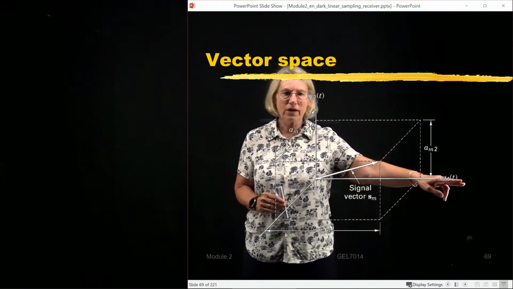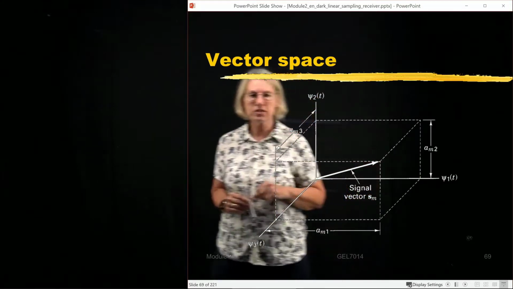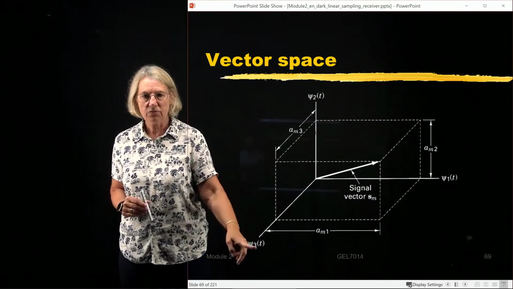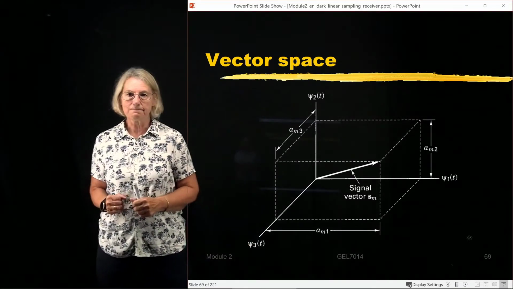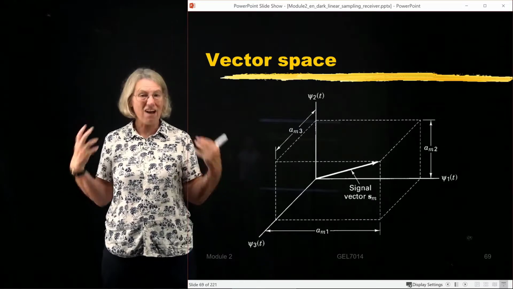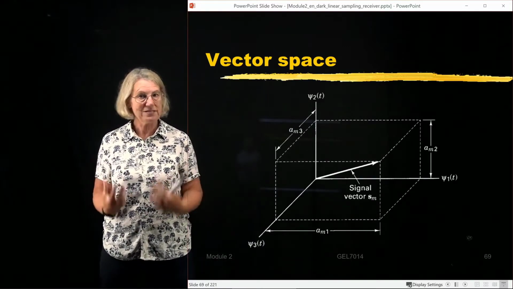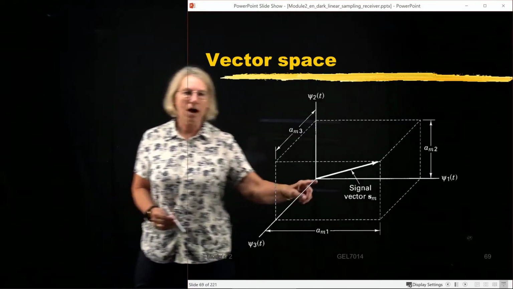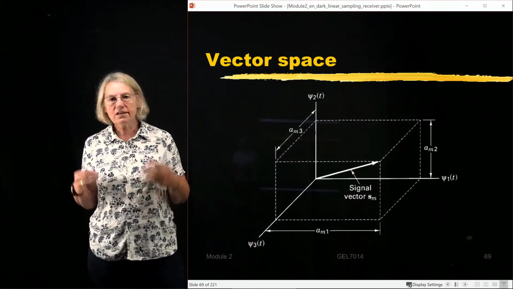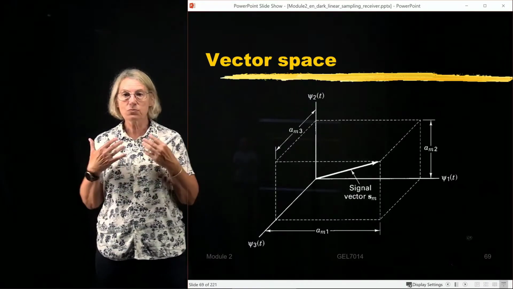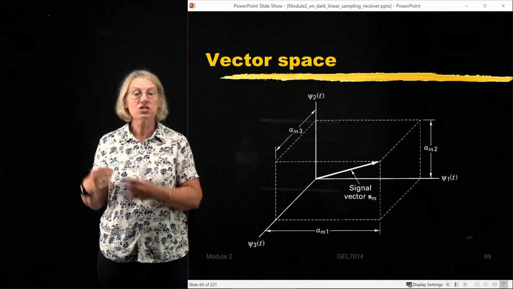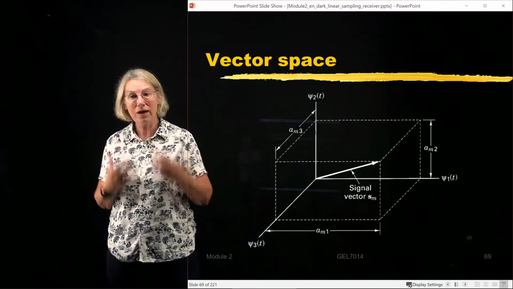Here is c1 of t as the label on my first axis, c2 of t is the label on my second axis, and c3 of t is my third axis. Now in this vector space, which is defined with time-varying signals as the basis vectors, I have an arbitrary vector which has been drawn here, and this vector in this three-dimensional space represents a signal which is a time-varying waveform.